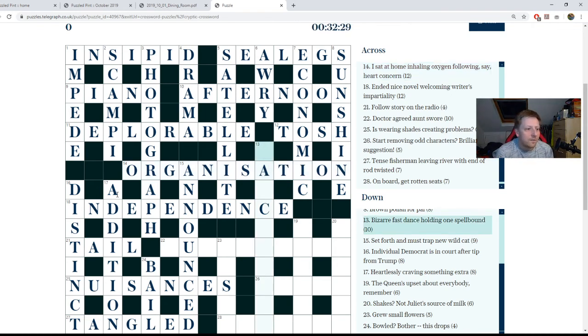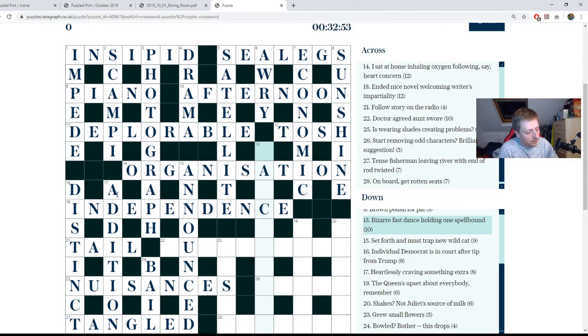Bizarre, fast dance, holding one spellbound. Okay, this has to be an anagram indicator. So bizarre means anagram, fast dance.